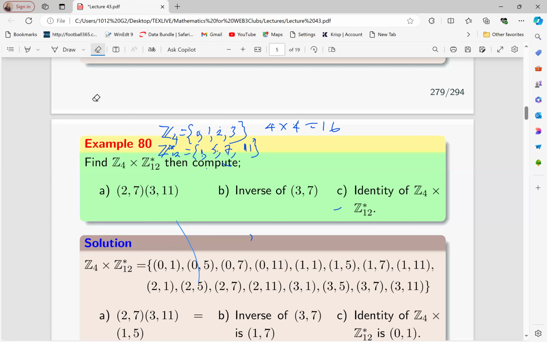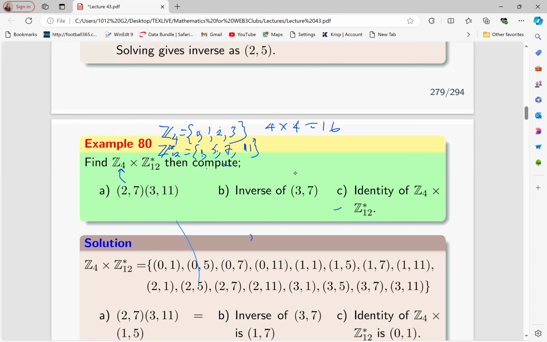We are doing that by, first of all, realizing that 2 is from the first group, which is an additive group, and 3 is also from this additive group. And therefore, since this group is an additive group, we add these 2 elements mod 4 and get 1. Is that okay?